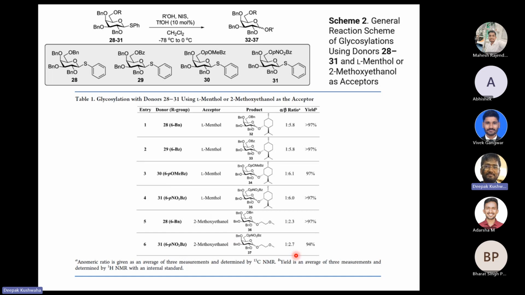So from here, they have concluded that in case of galactose donor also, the C6 protecting group has no role in controlling alpha beta selectivity from the remote position.